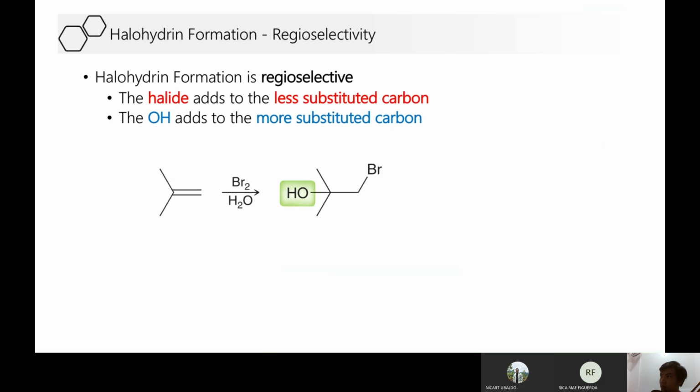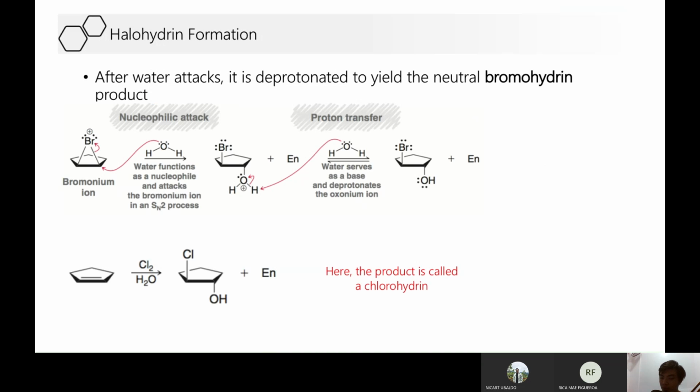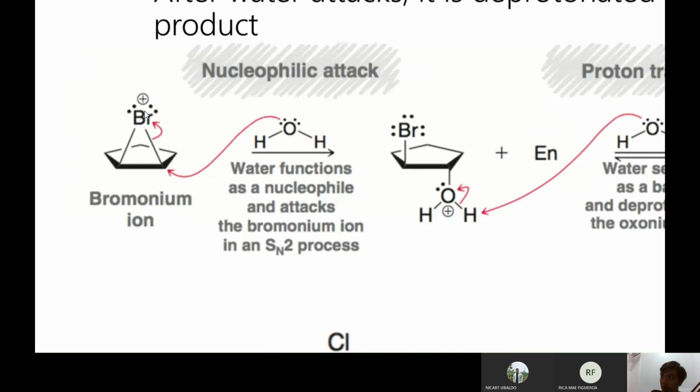So the regioselectivity of your halohydrin is this one: your halide will add to the least substituted carbon. Bakit? Parang yung hydroboration oxidation. Kasi remember, yung bromonium ion mo, crowded dito. Kunwari may substituent dyan, ayaw niya kumabit sa crowded kasi masikip nga.